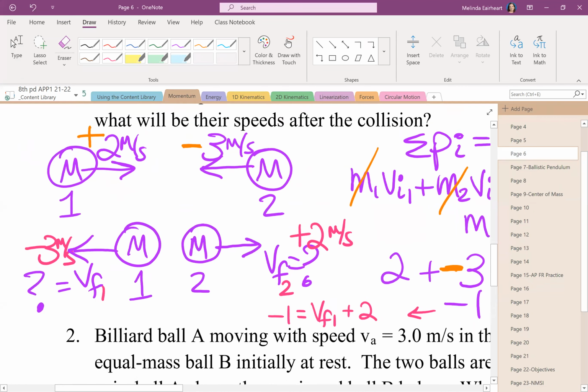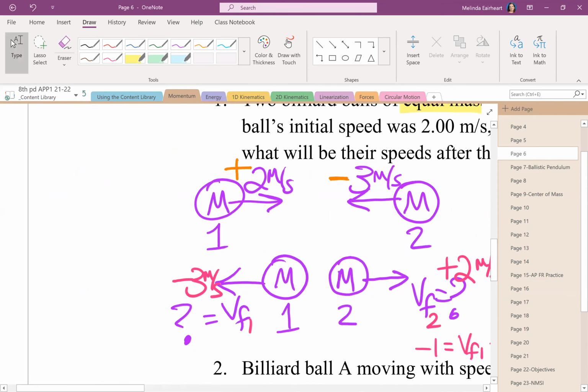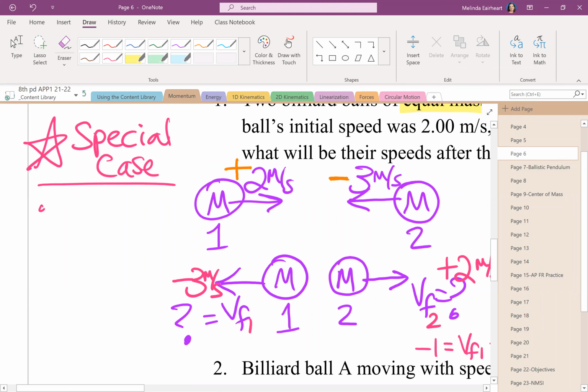And you're like, Miss Earhart, you just had us do all that messy algebra when you could have just told us to switch their velocities. Oh, that makes sense. But hold on, does that mean every elastic, you just switch their velocities? No, so let's give a big asterisk here. This is a special case. What makes it special?